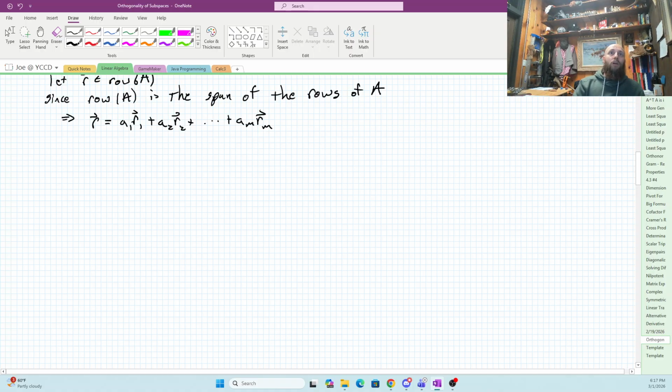Because it's in the row space, it's a member of the span of the rows of A, which means that it can be expressed as a linear combination of the rows of A.